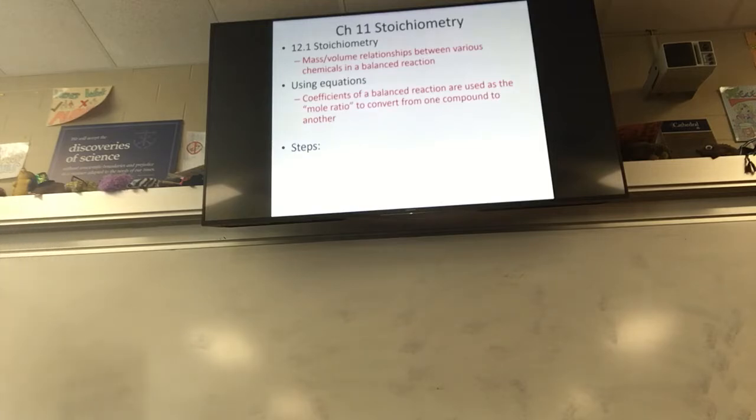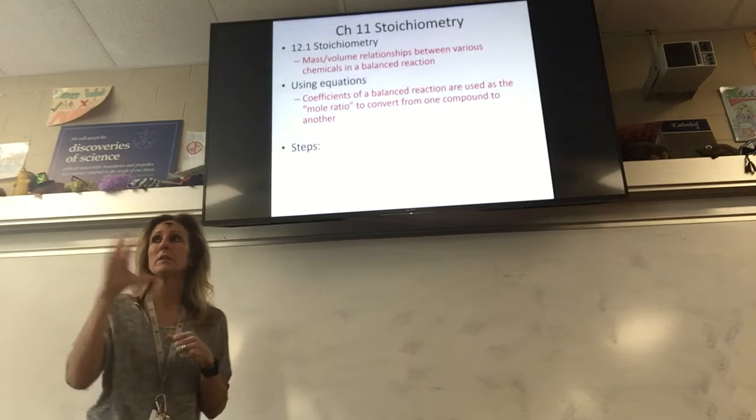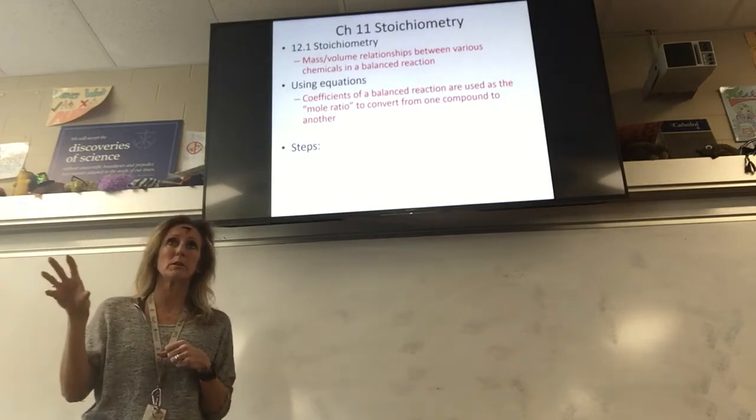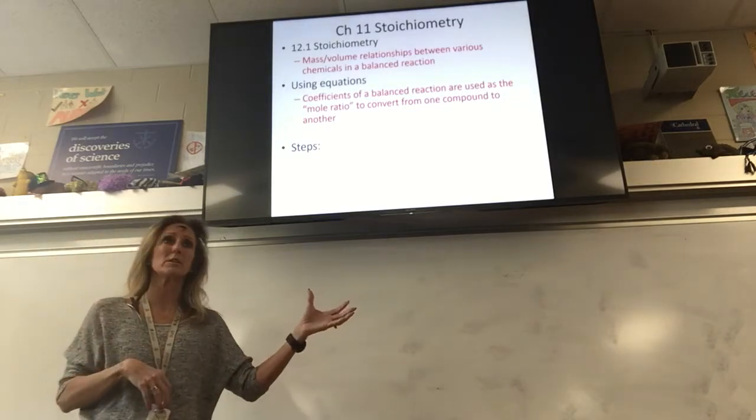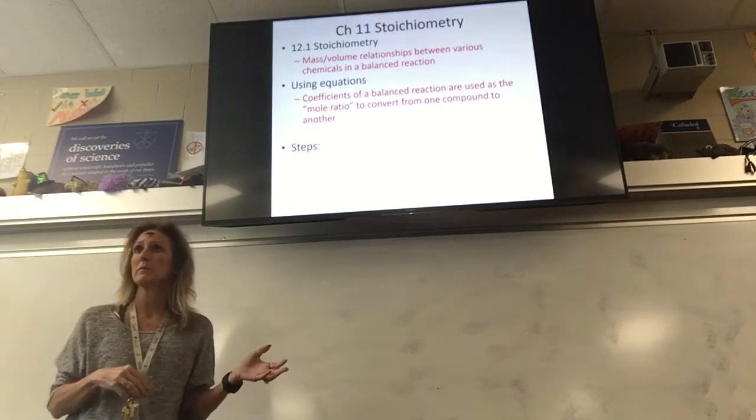So those coefficients from your balancing, which is why last chapter was so important, those are used in what we refer to as the mole ratio. And that mole ratio is what lets us convert from whatever substance we're starting with and takes us over to the new substance that we're trying to solve for.